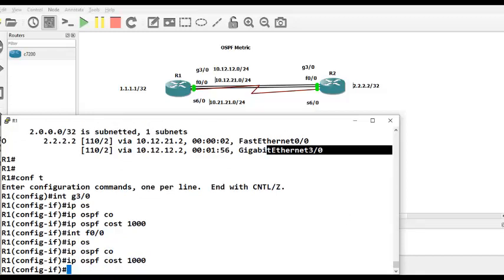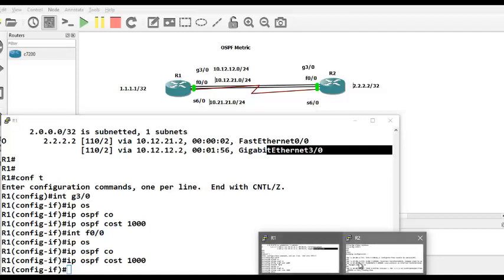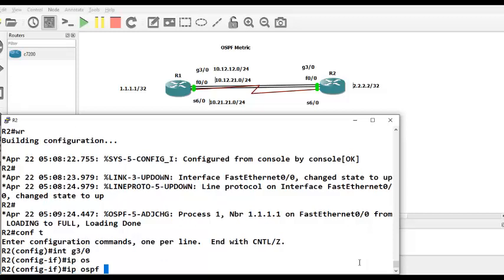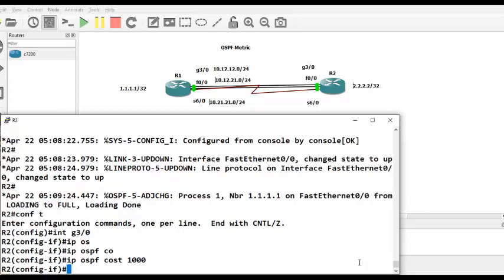And then I'll go to router 2 also and say interface gig 3/0. I'm trying to make that serial interface a better cost than fast Ethernet.